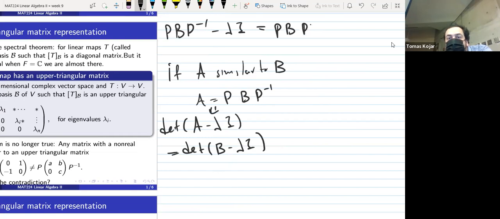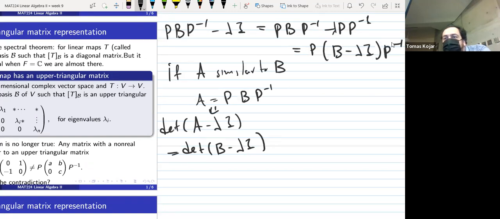So P inverse, and then you can do this trick with lambda over here because they're the identity. But this is just lambda, so you can bring it out like this. Okay, and then you use the determinant as multiplicative.